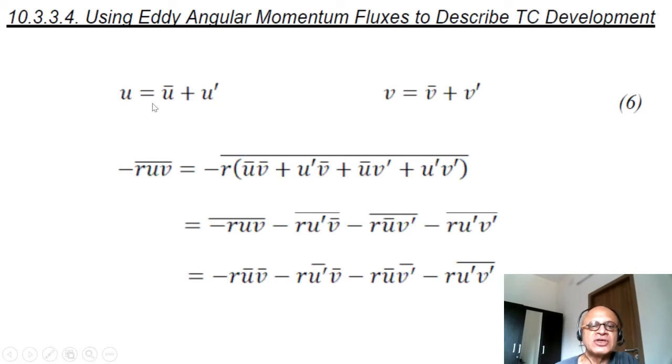You can write U and V as U bar plus U prime, where U bar is the environmental background part and U prime is the eddy component of the azimuthal and radial velocities. You can then write the inward flow of angular momentum.